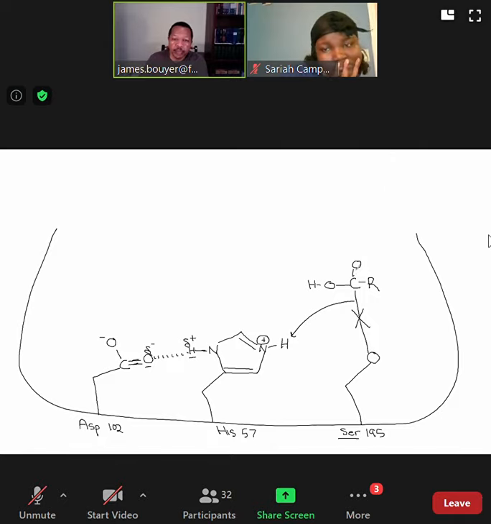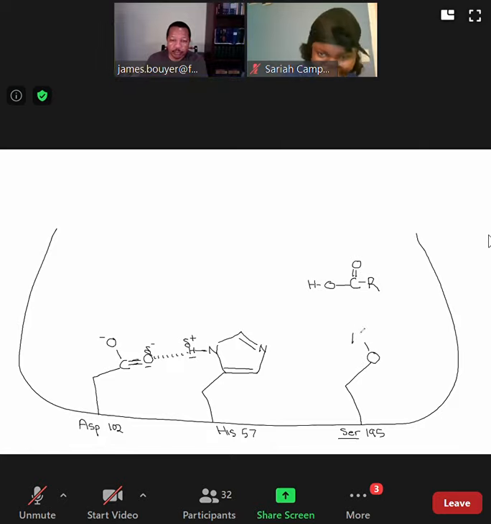Put this back. Eraser. Put this back. Now we have generated the carboxyl end.